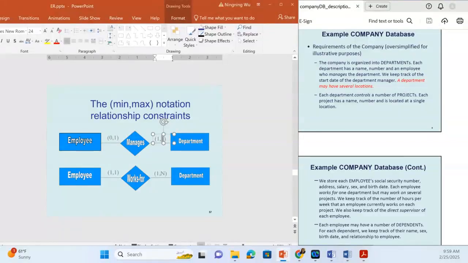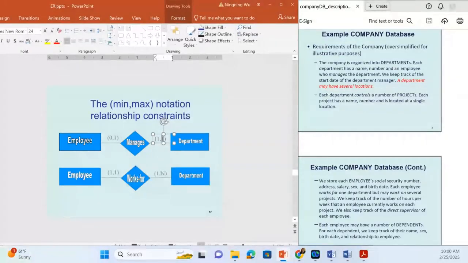On the department side, the minimum 1 indicates every department must participate in this works for, because that's the minimum number of relationship instances a department has to participate in. And the 1 means at least 1. So every department must participate in the works for. Then this capital N also means multiple.